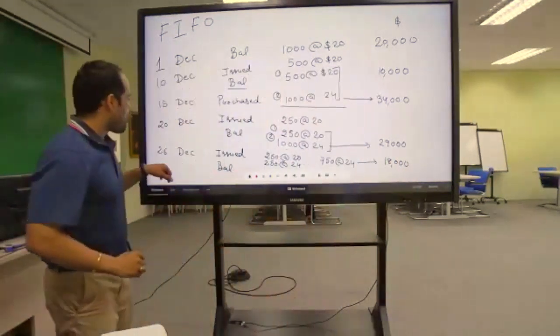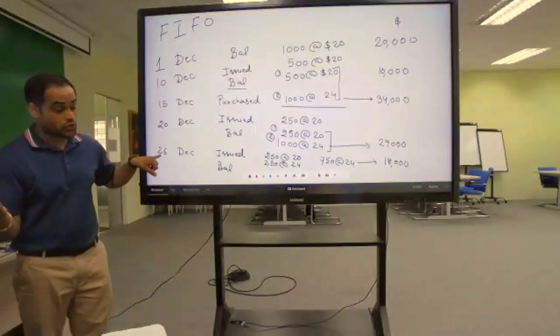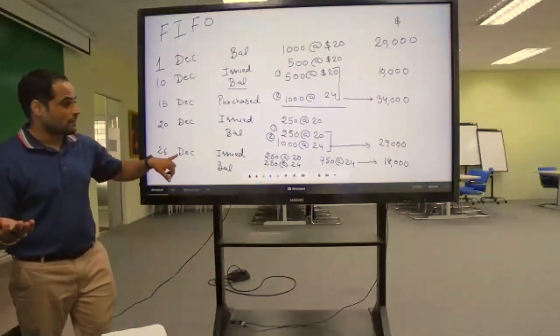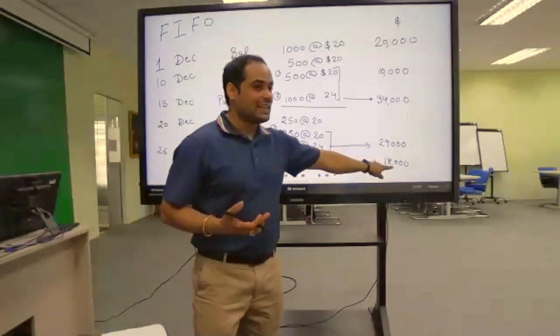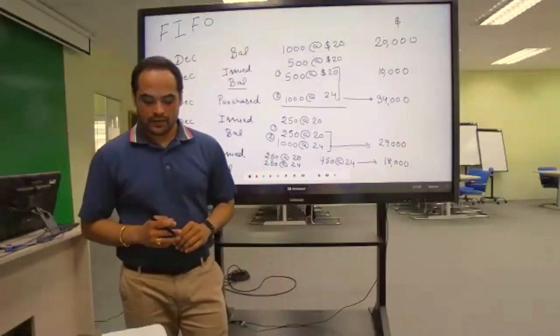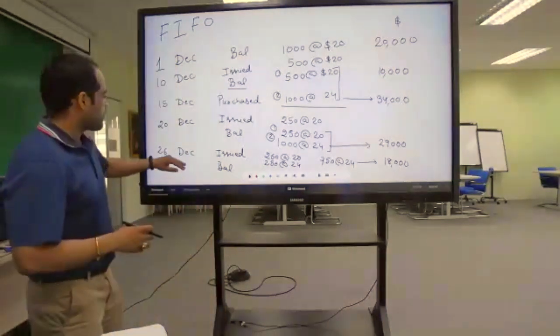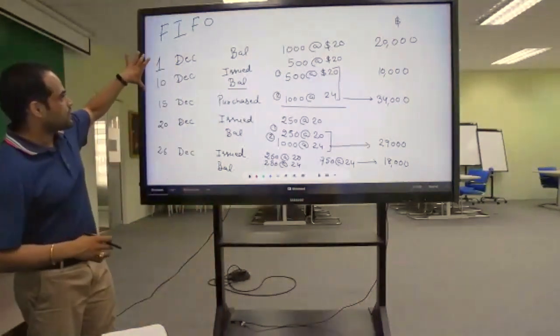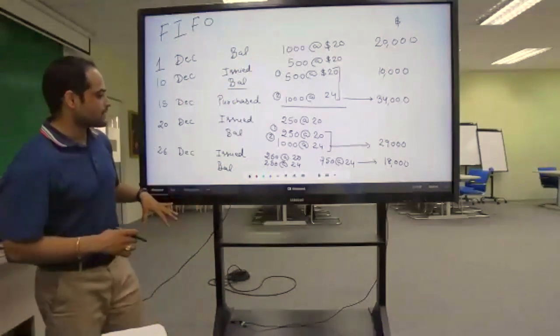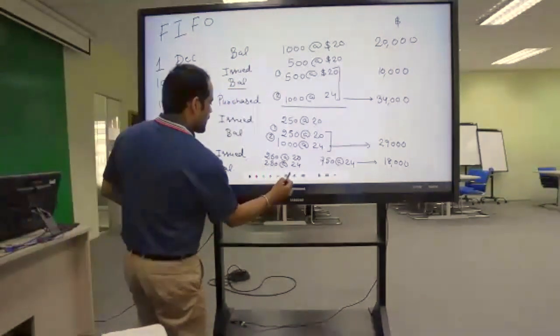The value of raw material inventory on 26 December was 18,000. All right. Now, I don't have enough space, so I'm going to erase these 2 lines.